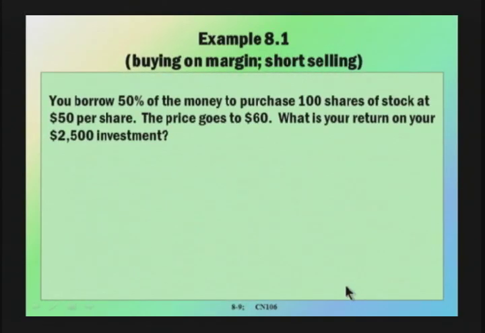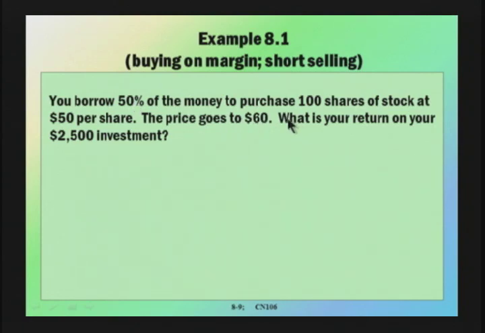So in example 8.1, we look at buying on margin. You borrow half the money, which is the maximum, to buy 100 shares of stock at $50 per share. And then the price goes up to $60 per share. Well, certainly you're going to profit because it is your stock, but your percentage return is going to be even greater because you get the entire $10 per share increase and you only put up half the money.